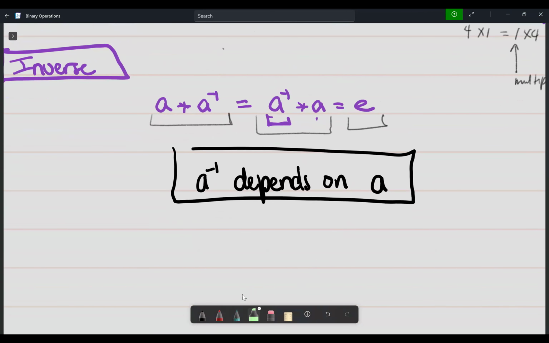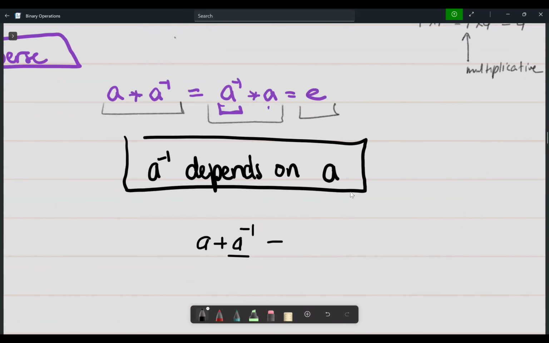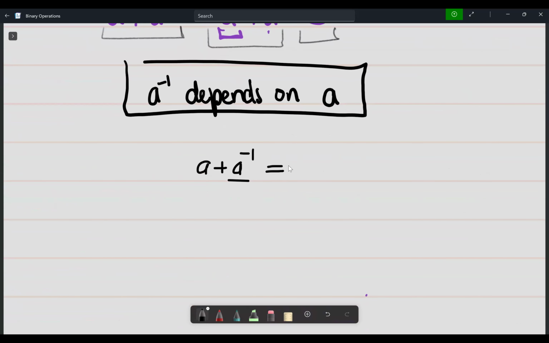If you think about addition, I'm saying that A plus some value A to the -1 is equal to the identity. To be clear, A to the -1 in this case does not mean 1 over A. It means the inverse. It's very important to acknowledge that the notation is different. Remember, the identity of addition is 0, so it's equal to 0.